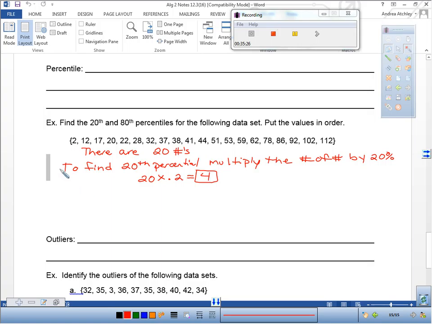Okay. Then go to the 4th number, and the 1 above it is the 20th percentile.